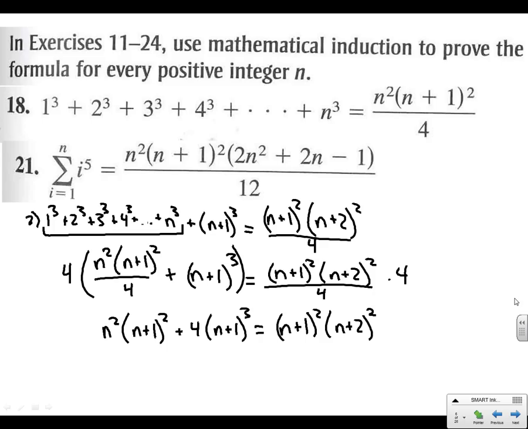This could involve a whole lot of FOILing, and you could go through it that way and get it. Or you could look at factoring by grouping, and that's going to be the faster way to do this.